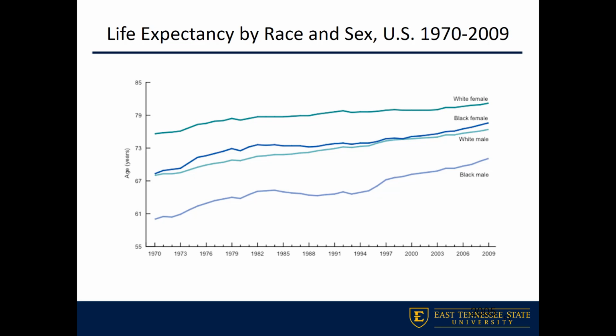And if you were to take the line in 2009 and draw a straight horizontal line, it would take you until somewhere in the 80s for white men to have the same life expectancy as black men in 2009. So black men are not seeing the same benefits of longer life as others, and they are actually living about as long as white men were in the 80s.